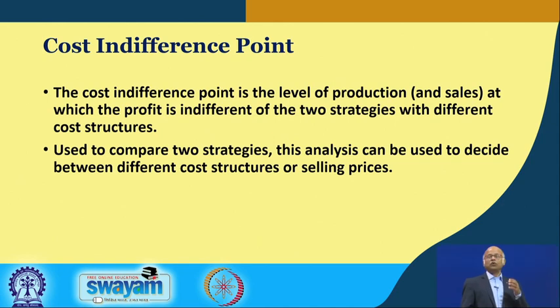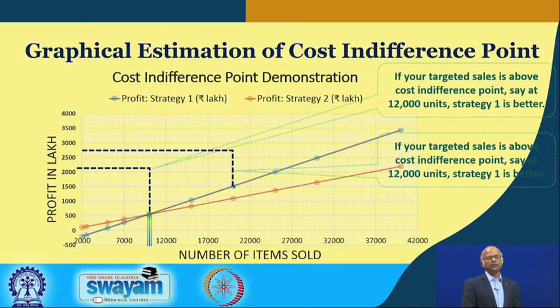So, cost indifference point says there will be a point of volume of sales where profit in both the cases will be same. So, here is an example. The blue line is the high tech line, meaning high capital investment company or business model, whereas the orange or perhaps red color line is the labor intensive business model where you have low capital investment, but high variable cost.